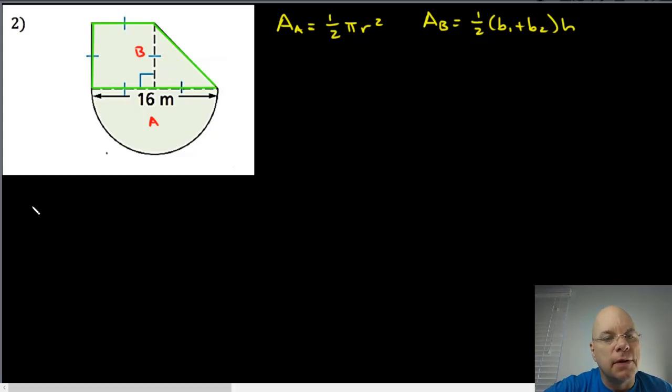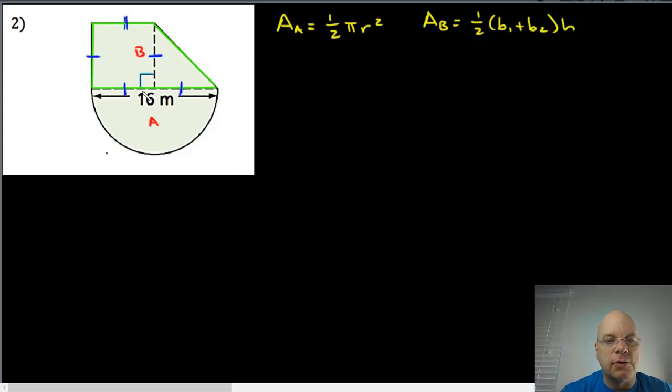Now we have to look for our dimensions. Well, I don't want to do too much of this. I want you to sort of take it from here. This is the main idea. We'll go over the details after the pause. But if you can find the dimensions, keeping in mind that every time you see one of these hash marks, these marks of congruence, it tells you that the line segments are congruent.